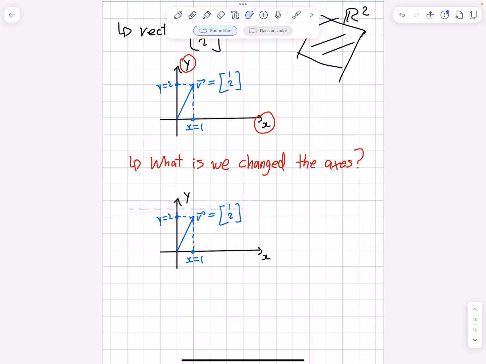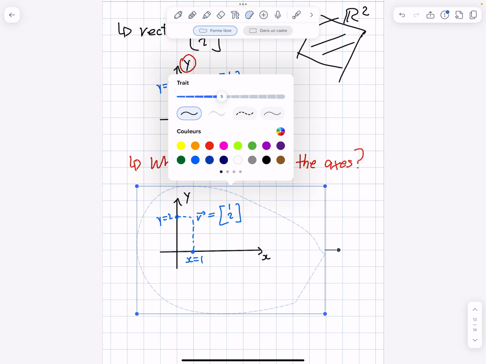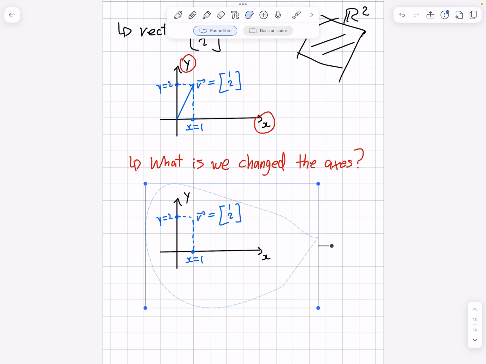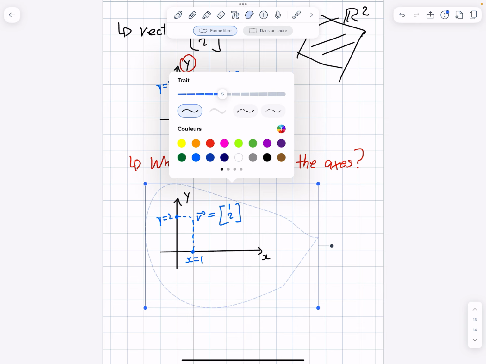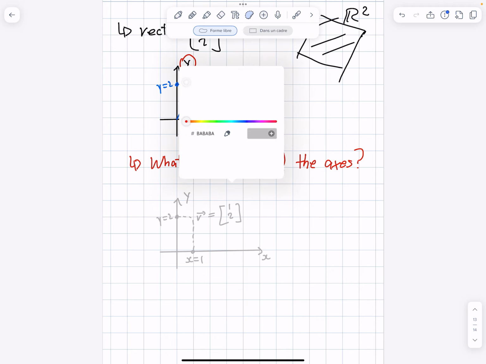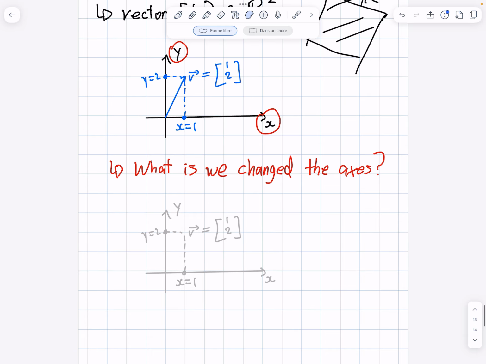Sorry, technical difficulties, guys. Okay, let's go black. Let's go to the color wheel, and then let's fade it so that it's like here. Okay, that's fine. I have the faded axes here.